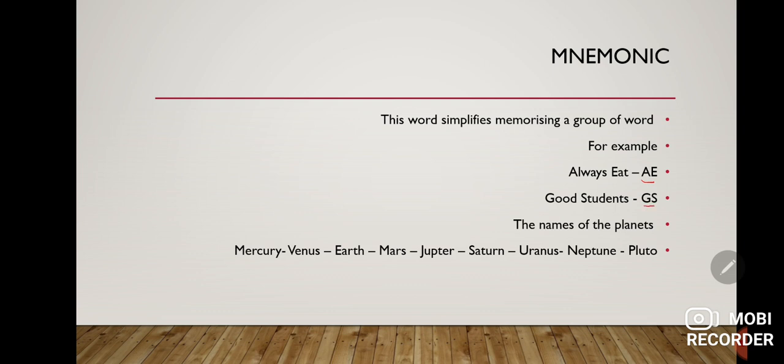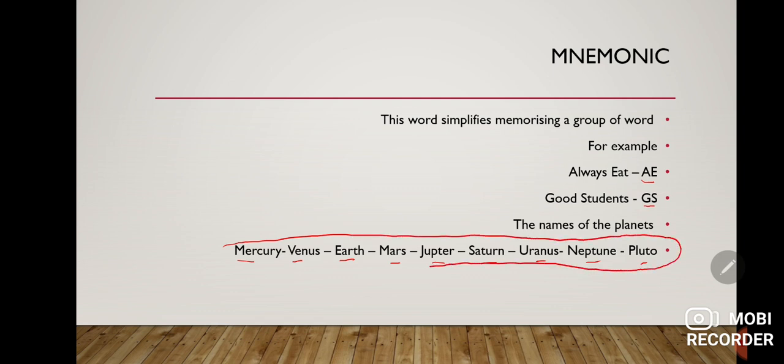Now, the names of the planets that we must memorize are written according to how far they are from the sun. We can see Mercury, Venus, Earth, Mars, Jupiter, Saturn, Uranus, Neptune, Pluto. In order to memorize all these words, we need to use the mnemonic technique.